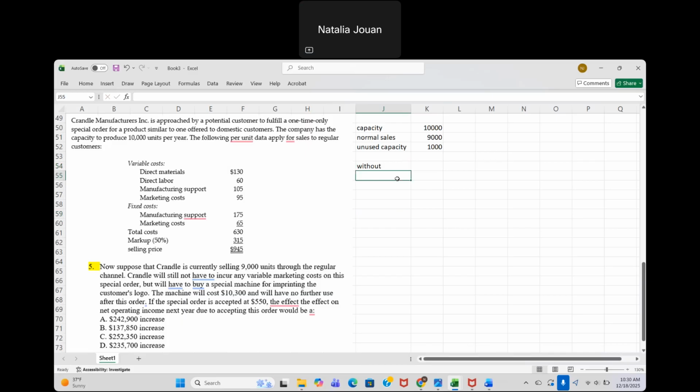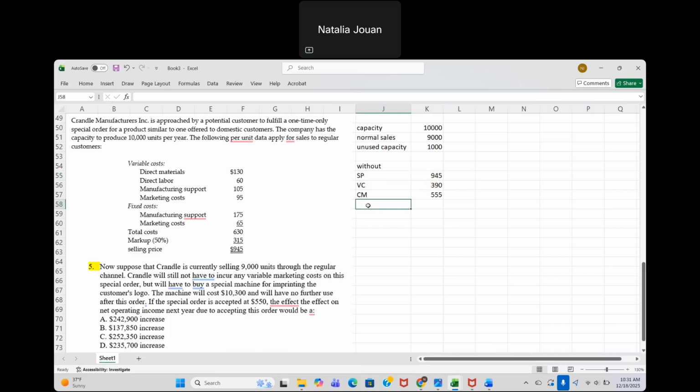we have sales price 945, and the variable cost is the sum of 130 plus 60 plus 105 plus 95. Total variable cost is 390. So a regular order has a contribution margin of 555.